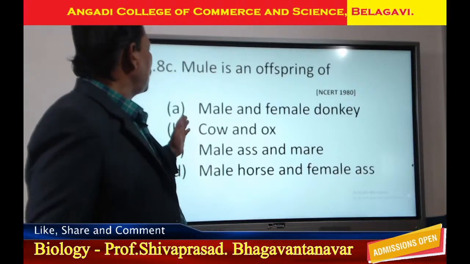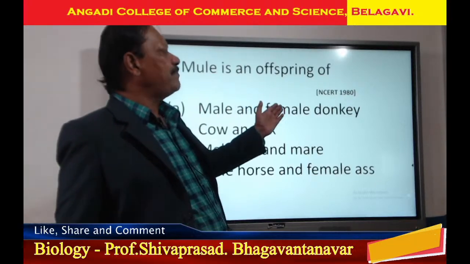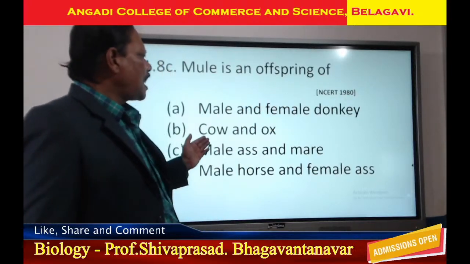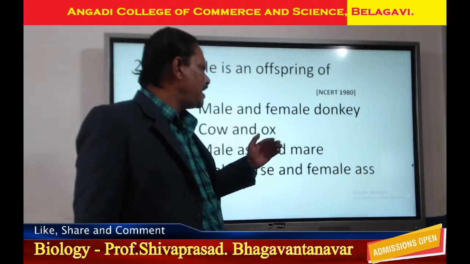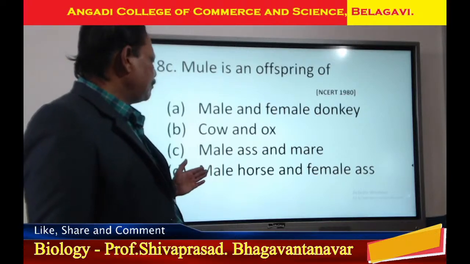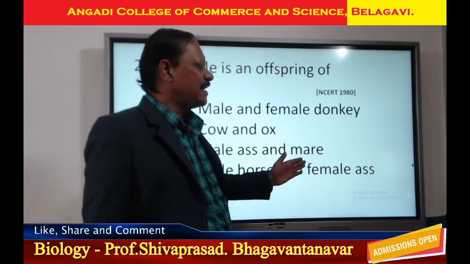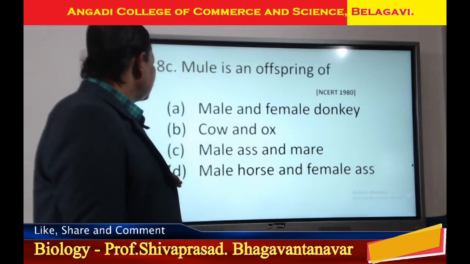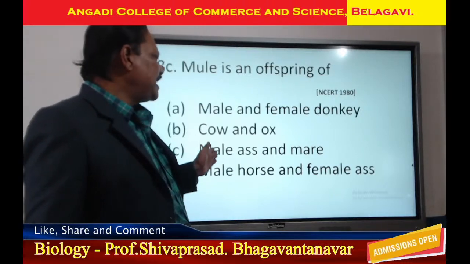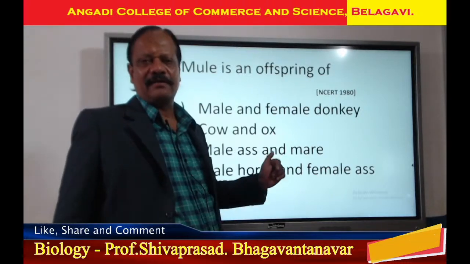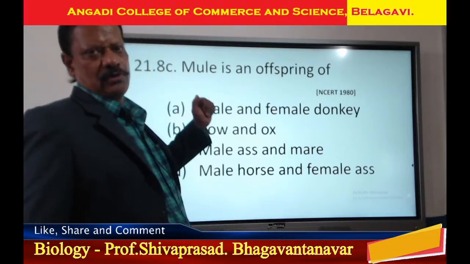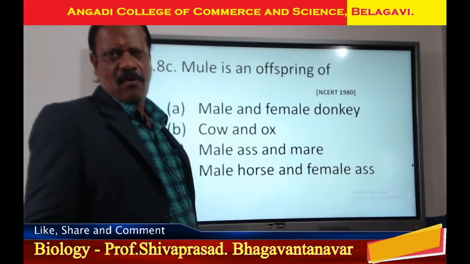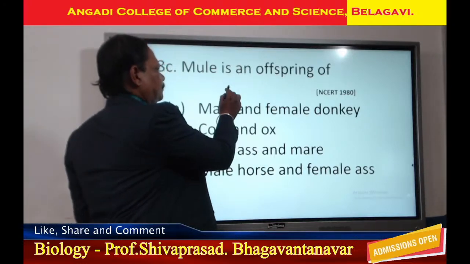Just see the options: male and female donkey, cow and ox, male ass and mare, and the last one, male horse and female ass. The right answer is option C, male ass and mare. Male ass and mare combined together to form the mule, which is very popular now. Next one.